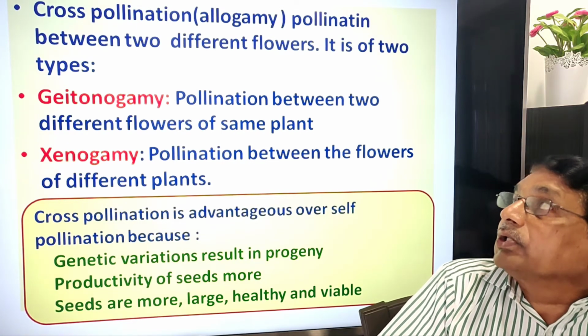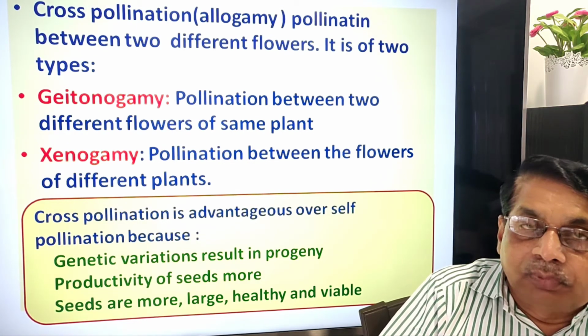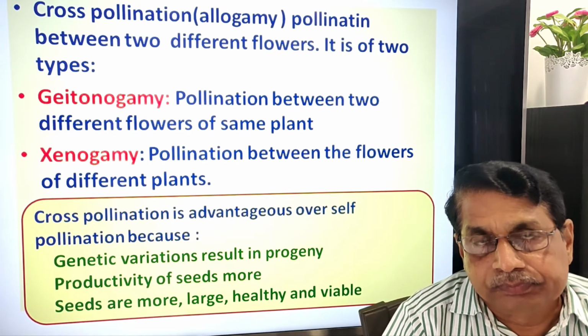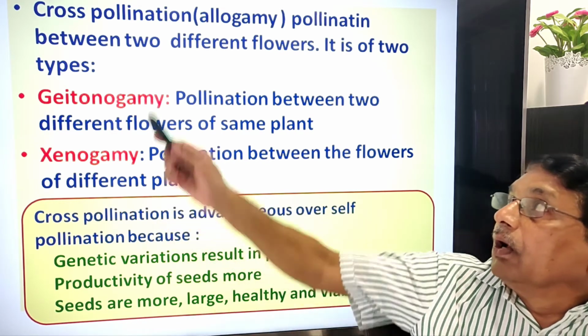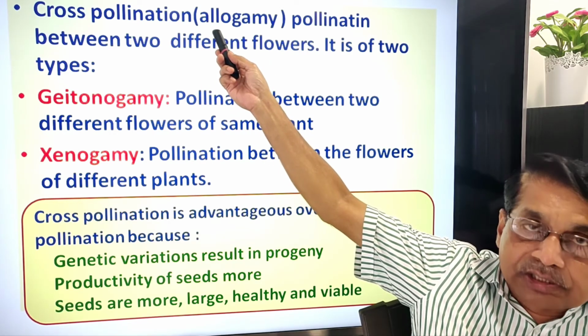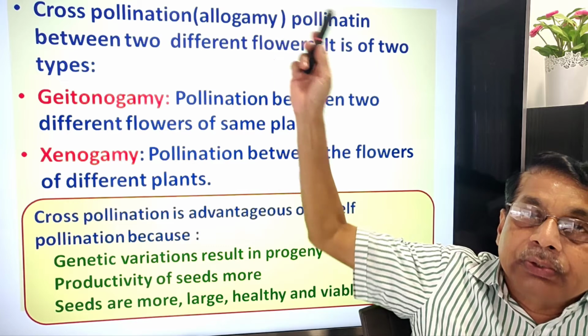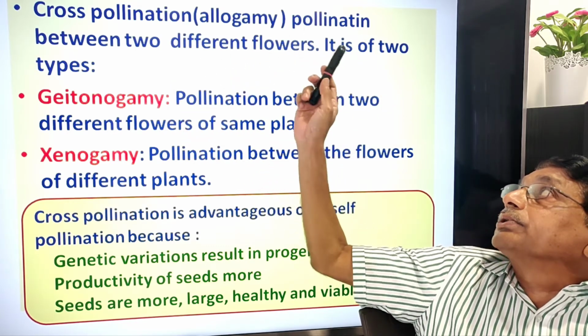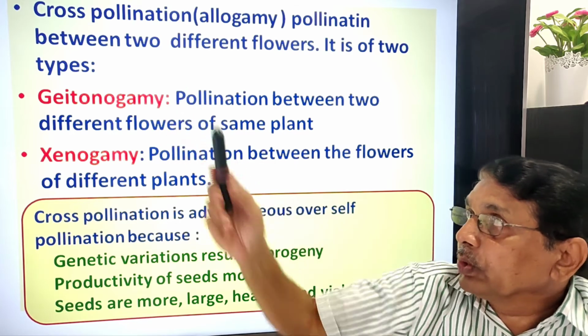Then cross-pollination. Pollination between 2 different flowers. Allogamy. Allo means different, gamy, union. Pollination between different flowers. It is of 2 types.